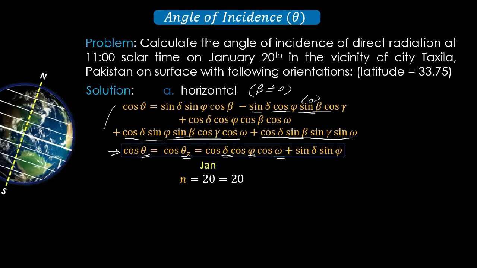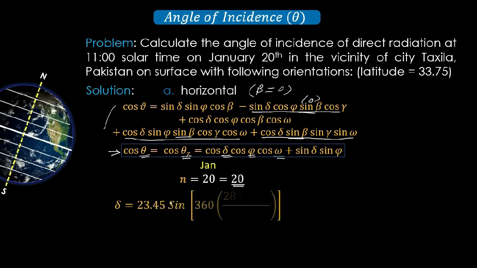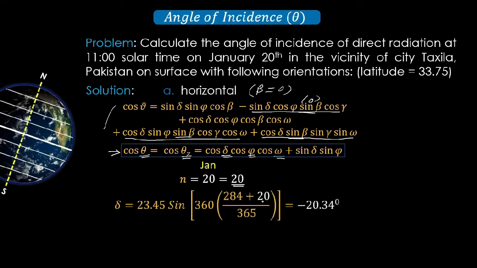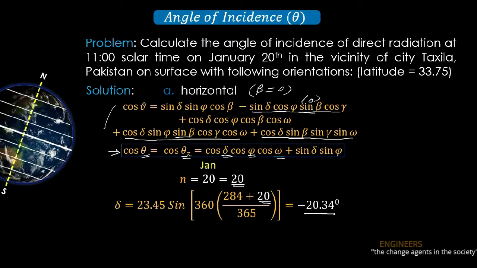In this case that is very simple because that is the 20th of January, so the value of n would be 20. Using this expression and the value of n, the declination on 20th January would be minus 20.34 degrees.